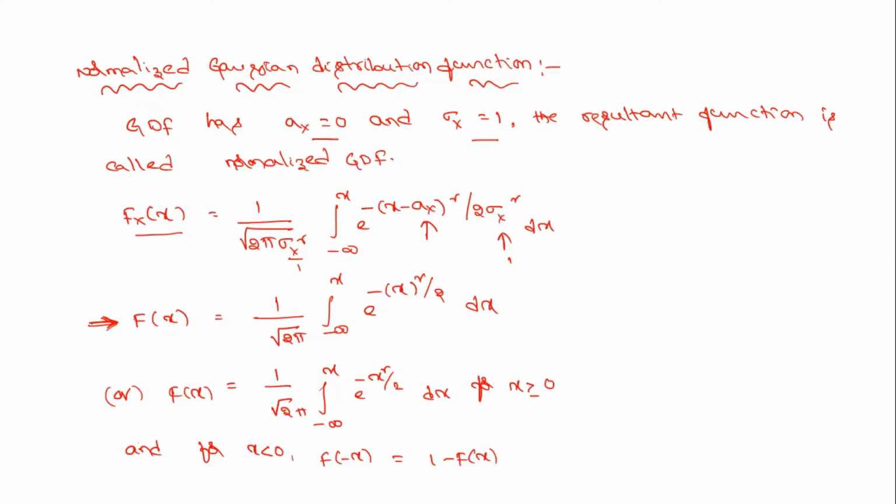So this is the equation. So now how to evaluate this distribution function, and what are the approximations we need to follow to simplify and to get the final value of this normalized Gaussian distribution function? We need to discuss all these things.